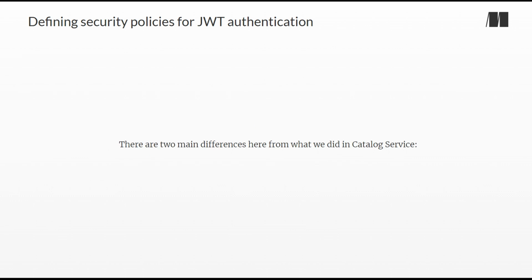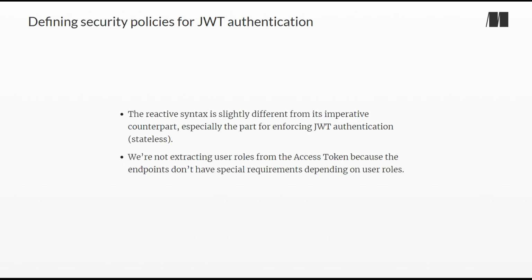There are two main differences here from what we did in Catalog Service. The reactive syntax is slightly different from its imperative counterpart, especially the part for enforcing JWT authentication, stateless. We're not extracting user roles from the access token because the endpoints don't have special requirements depending on user roles.